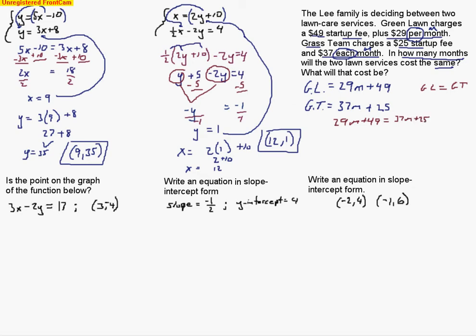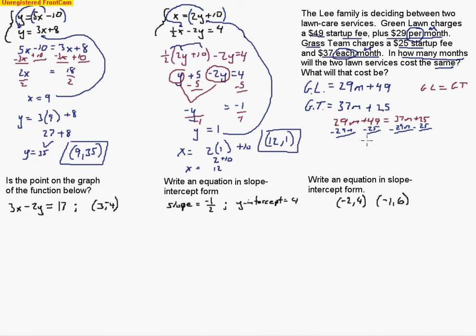So we'll go ahead and do a little bit more work. We're just moving terms from one side to the other. So here I'll subtract this 25 from both sides. And I'll also subtract the 29m from both sides. And now I'm just about ready to solve. So go ahead and do some subtraction here.